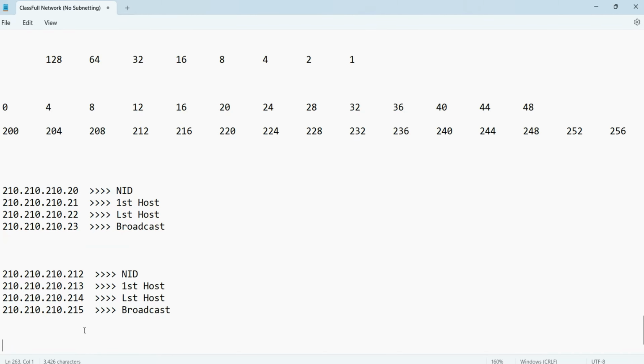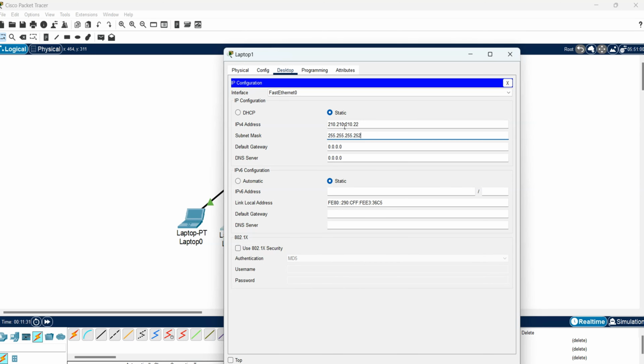I can't, that's a broadcast, which means I have to put 210 dot 21, and this one is a 252. Then I'm going to close this. That's a 21, this is a 22. 210.210.210.22, and I'm going to make this a 252. See that? Just like that.